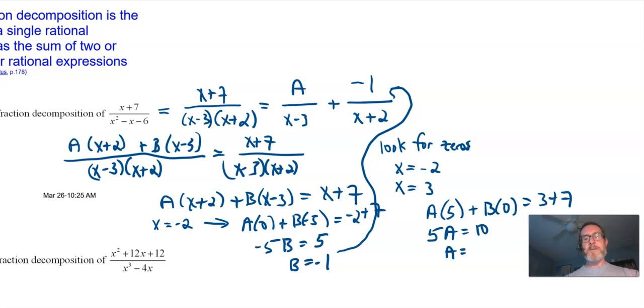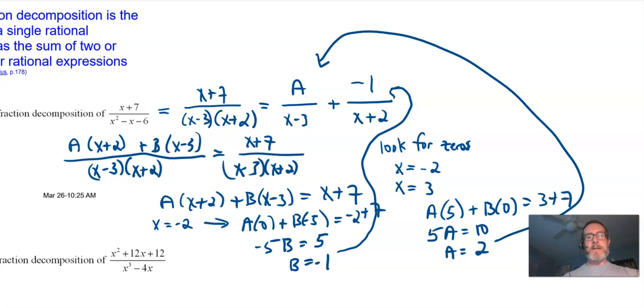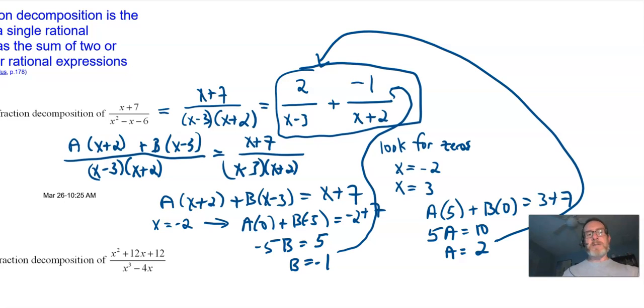So a equals 2, and again, plug that in, and we've now done what's called the partial fraction decomposition of that original rational expression.